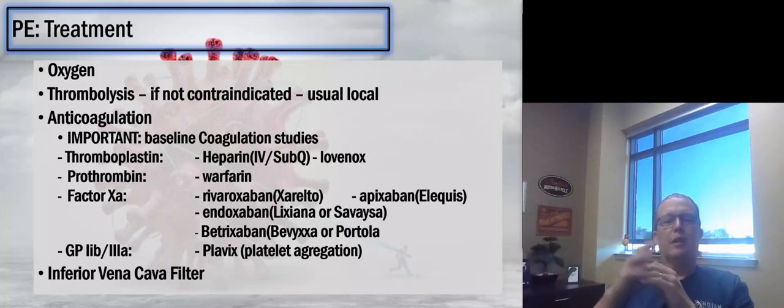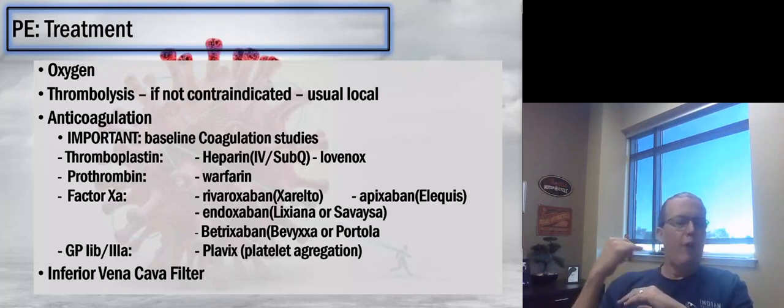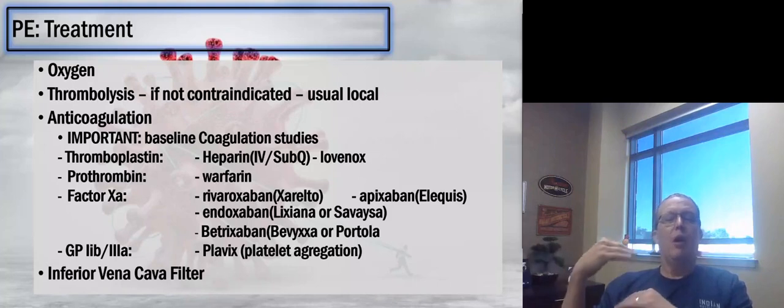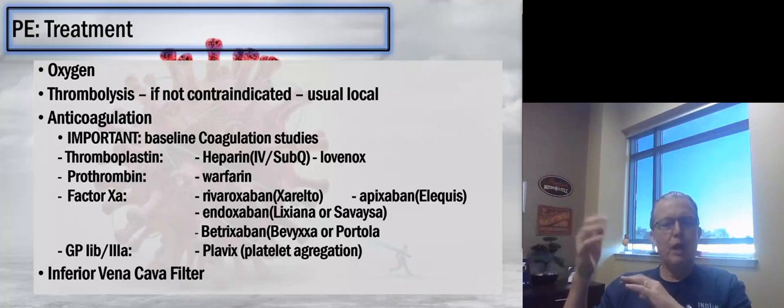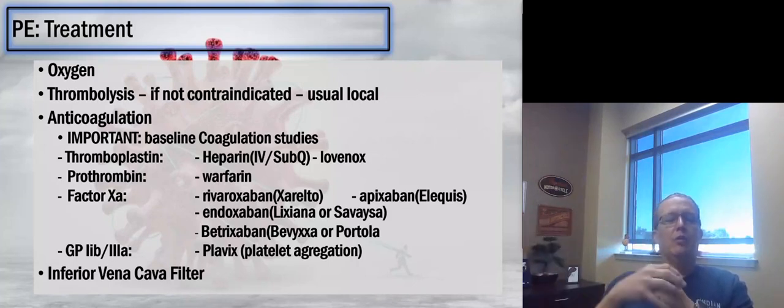That's why other drugs, like the ones I have listed below that, have been developed. One of the earliest drugs for the development of anticoagulation management on the outpatient basis was Plavix. It is a GP2B3A activator, and it inhibits platelet aggregation.